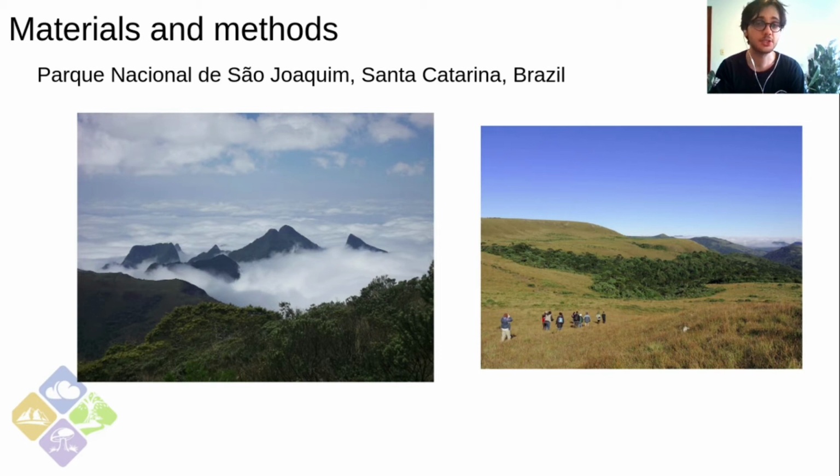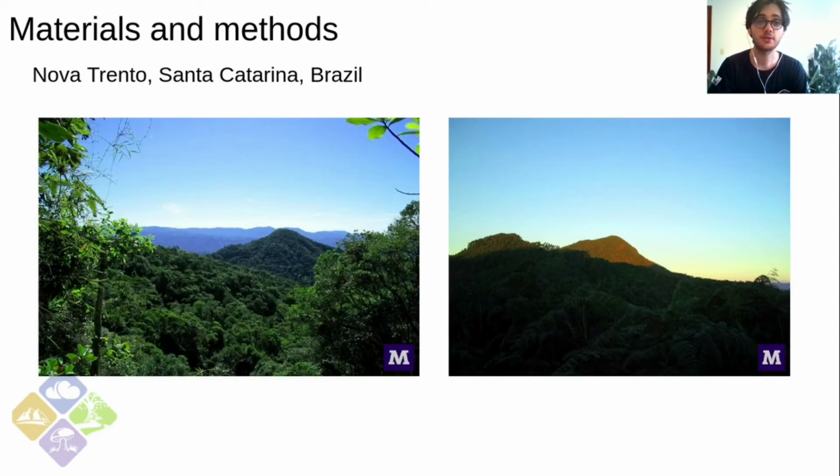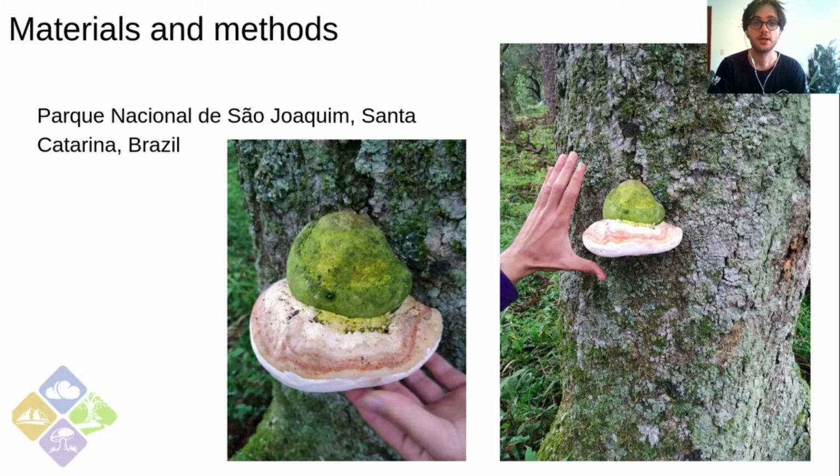Recently, some specimens of Rigidoporus ulmarius were found in Parque Nacional de São Joaquim, Santa Catarina, Brazil, and in Nova Trento, Santa Catarina, Brazil, around the Monte Barão area. We were able to identify the host of the Parque Nacional de São Joaquim specimens, which was occurring on a living Ocotea pulchella.